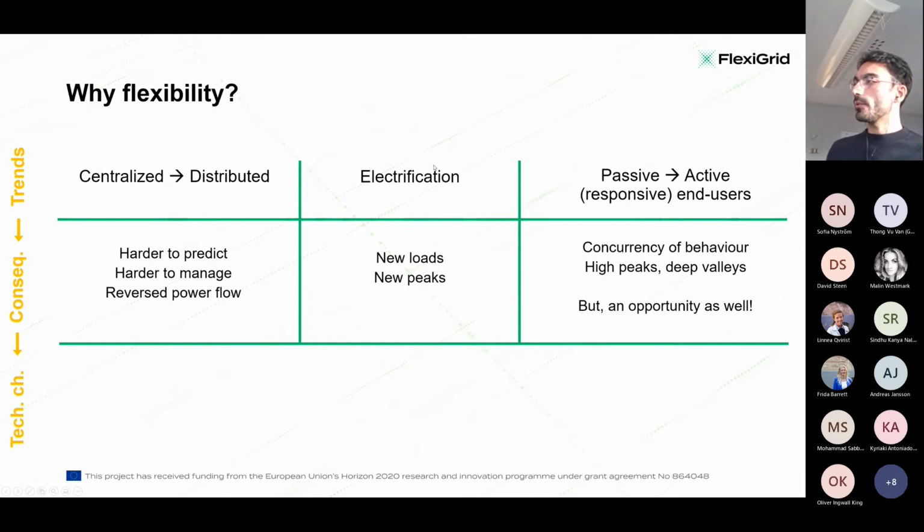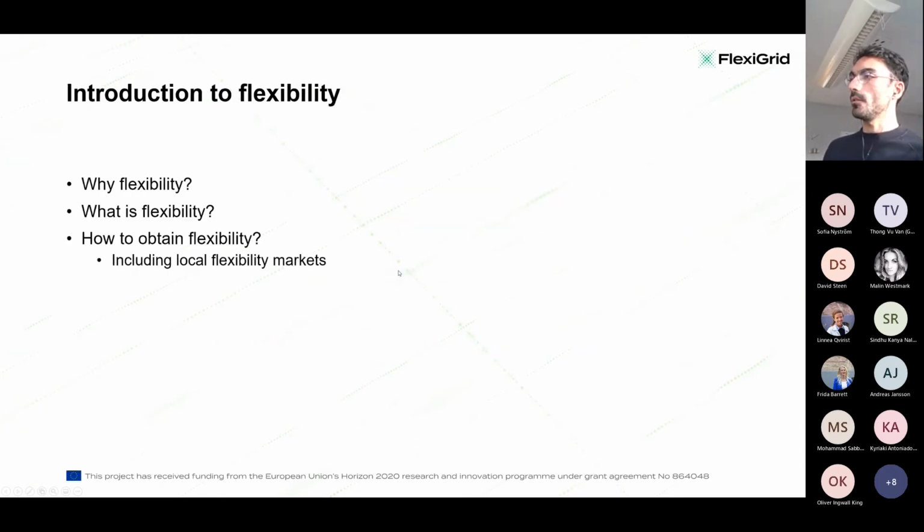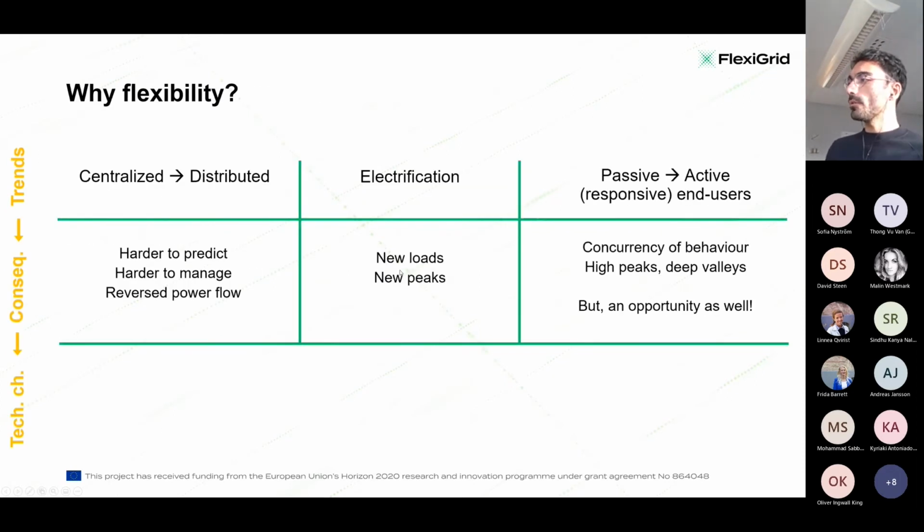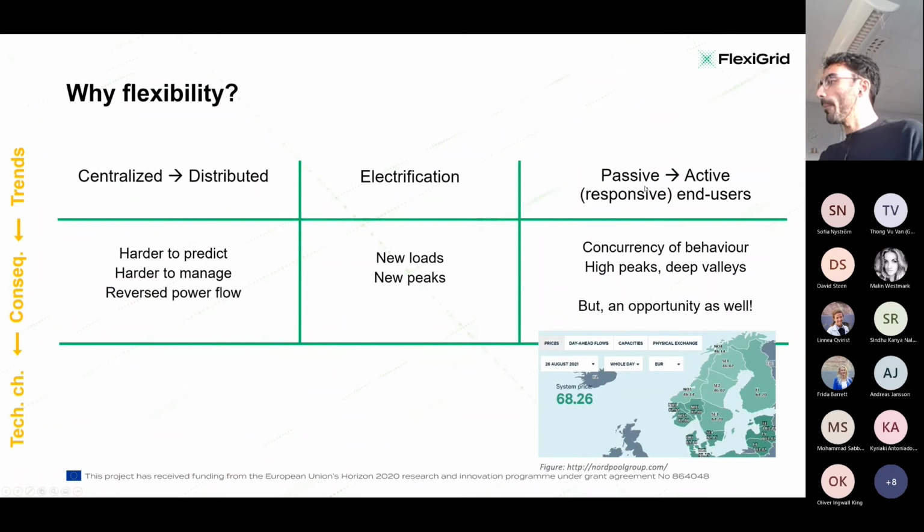Electrification of different sectors, like transportation or heating, will cause new loads and new peaks in the system, which can cause some challenges. We also anticipate this trend of consumers becoming more active, more smart, responding to, for example, the spot prices.